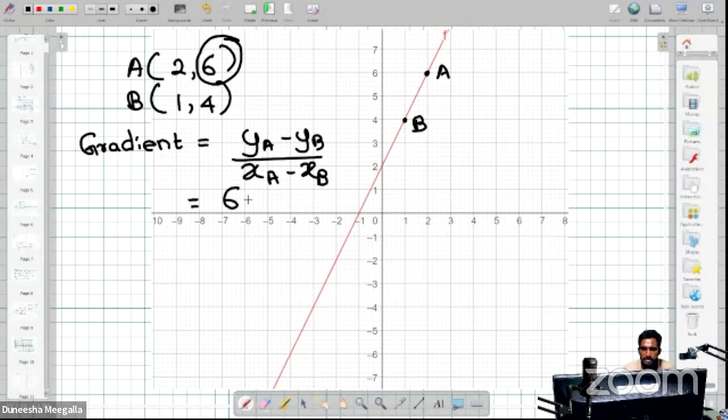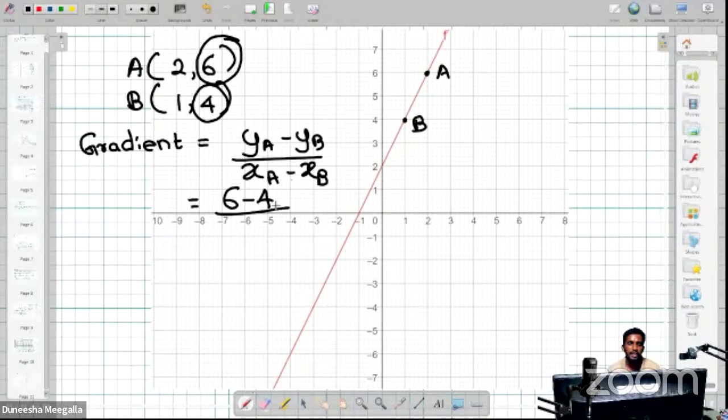6. 6 minus what is the y coordinate of B? Tell me, Aksha. B is 4.